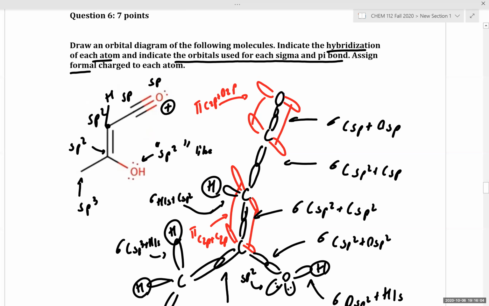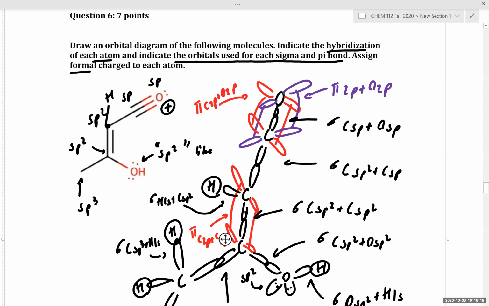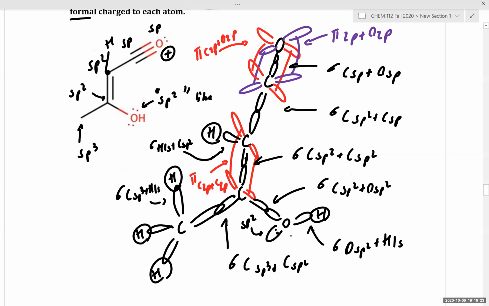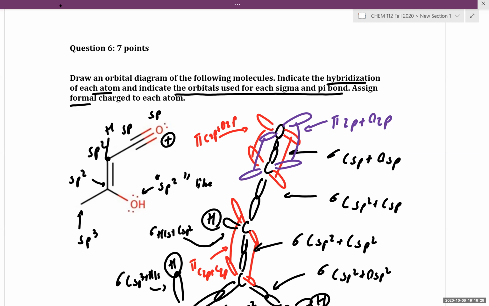And then we have a second perpendicular pi bond that is cross-conjugated. Only one of these p orbitals is conjugated with the other part of our pi system. Let me use a different color to show that.